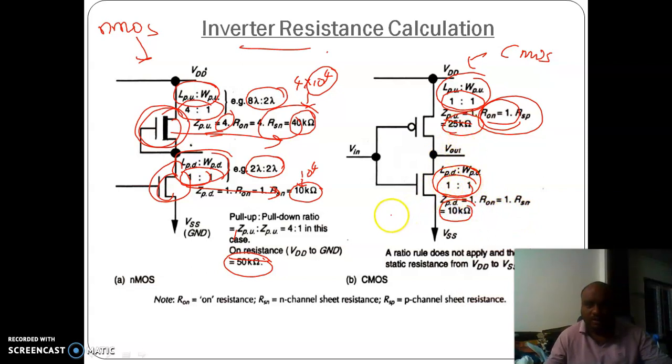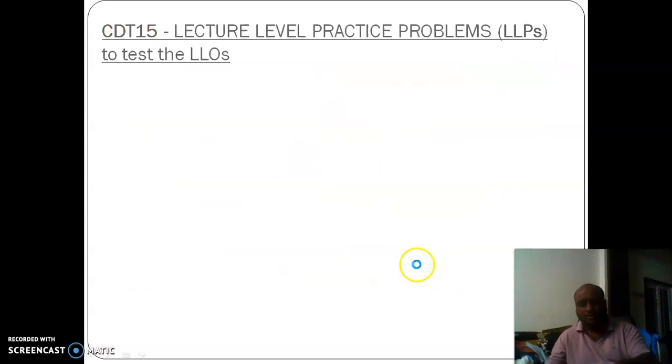But we can't state the on resistance of this circuit. Why? Because for a given input voltage only one transistor will be switched on and the other transistor will be switched off, and vice versa. So the ratio rule does not apply, as there is no static on resistance from supply to ground. Hope this is clear.